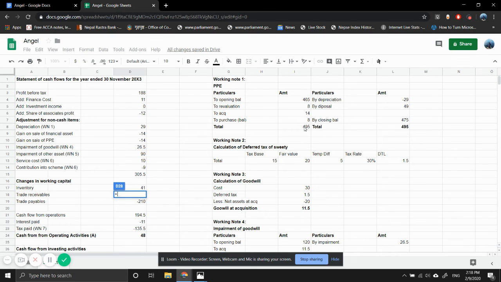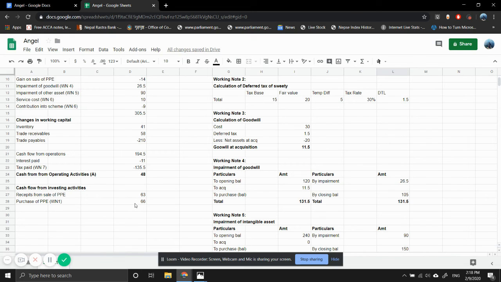Purchase was this figure, but why is it minus? Oh, I changed it earlier, that's why. Okay, now it's good.